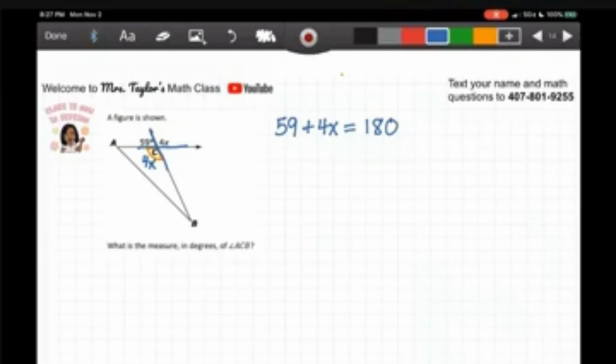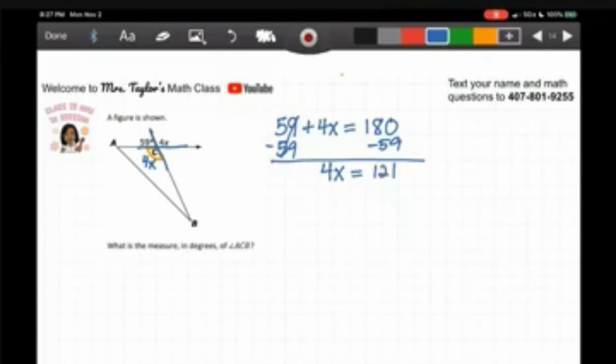So what I'm going to do is subtract 59 from both sides. And I get 4x is equal to 180 minus 59 is 121.